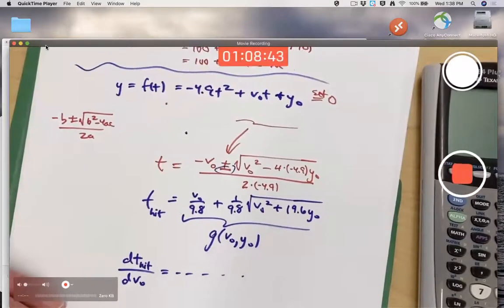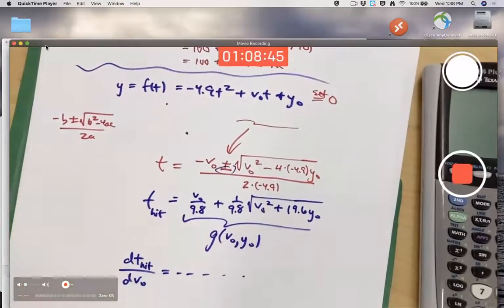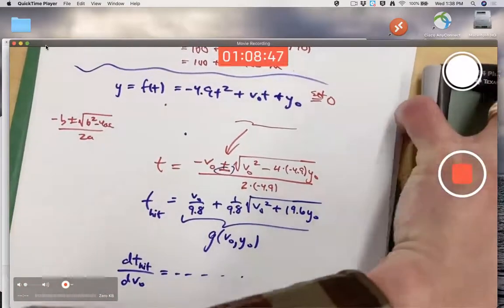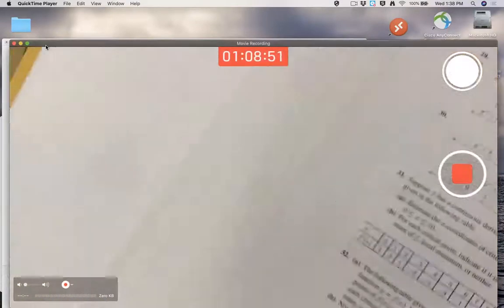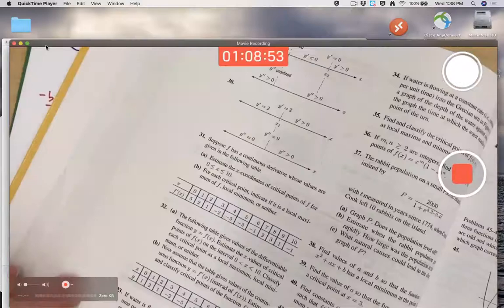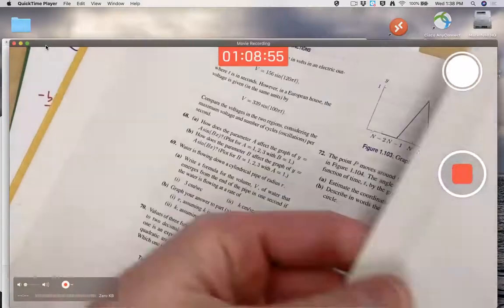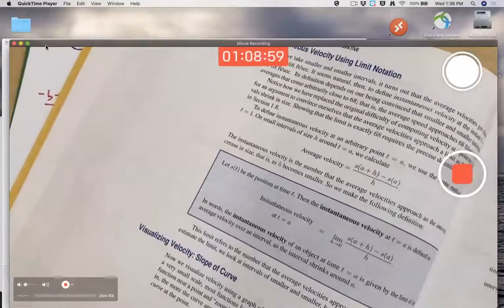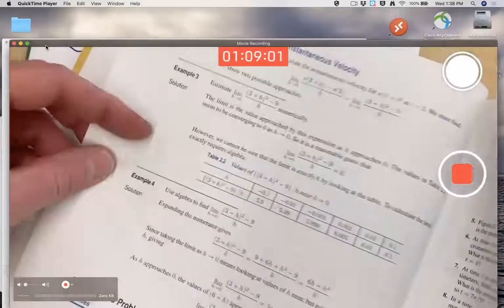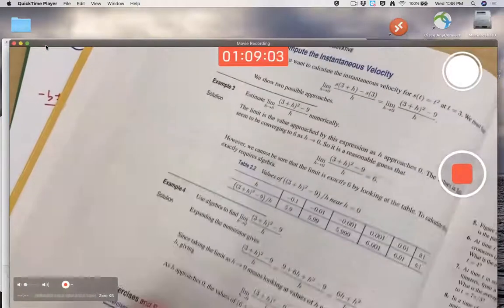One other conceptual point that I haven't had time for today that you should get out of doing the reading is that once you calculate derivatives at points, you come back and you realize, hey, I could have calculated that derivative at any point. Section 2.2 is titled the derivative at a point.